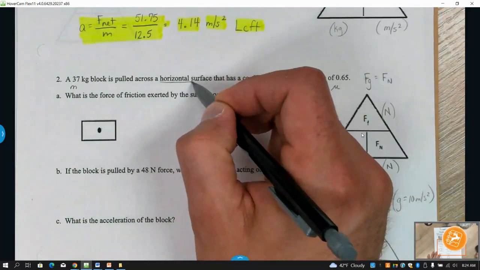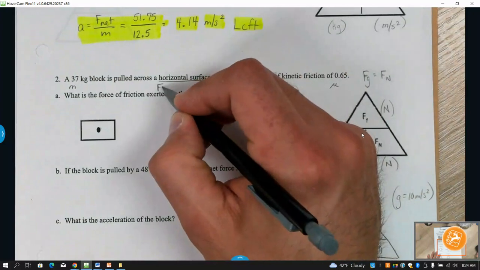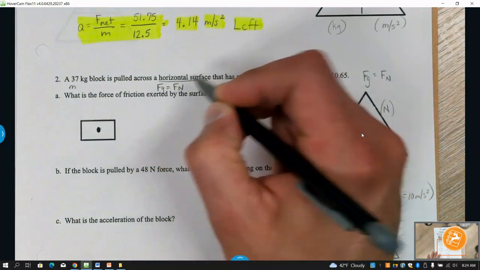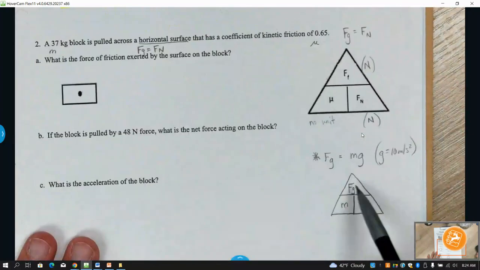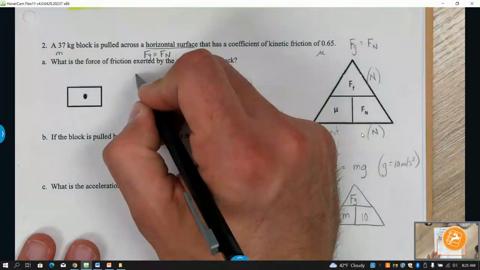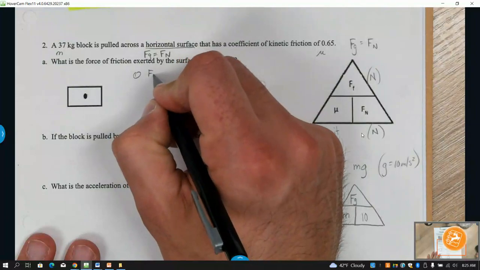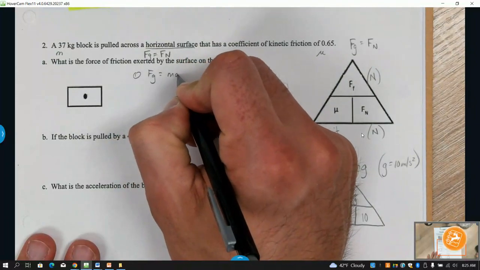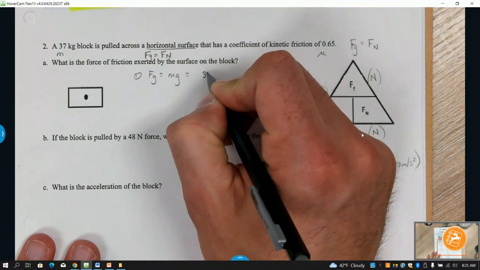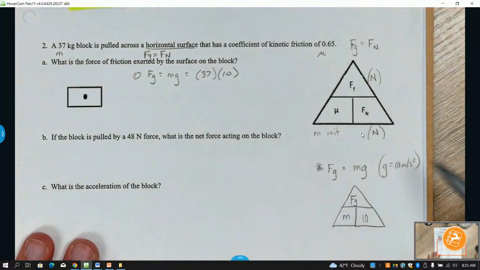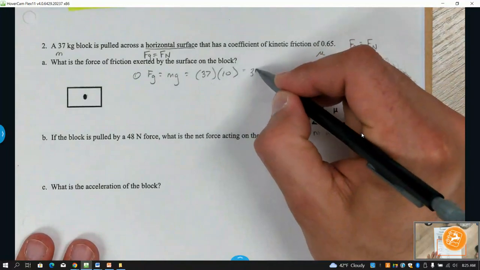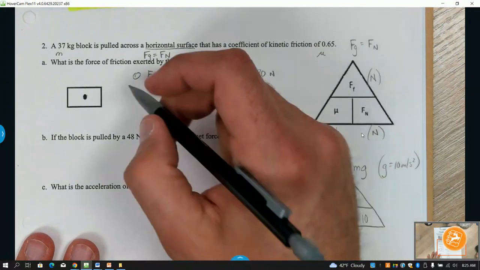Horizontal surface means that Fg is going to be equal to Fn. Okay, so first thing, if I'm given mass, I want to find my weight. Fg, mass times gravity. So I'm taking 37 times 10 because we're using 10 for g. This should have given us 370 newtons.